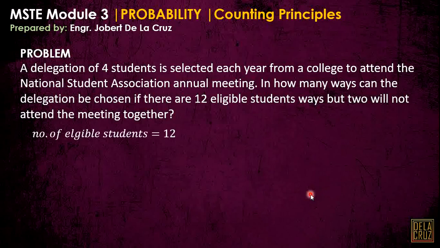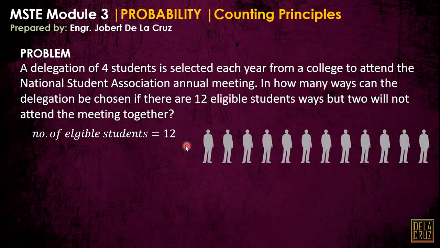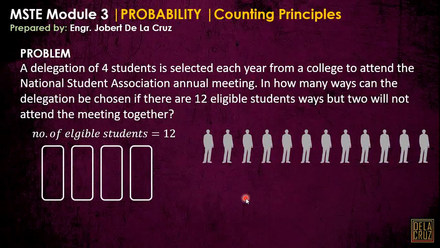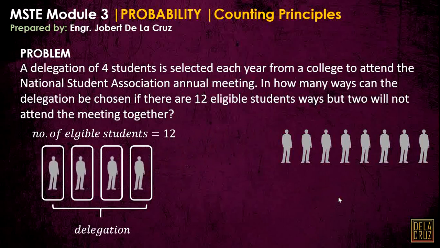Okay, so number of eligible students are 12. Okay, so let's say ito yung 12 students. Of course, these students can be taken as the same students lang. Okay, eligible students sila lahat. Okay, ito yung basis natin. So these are the delegation na kukunin natin. Okay, so let's say kukunin natin to.